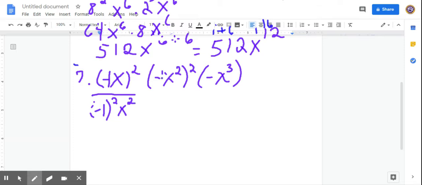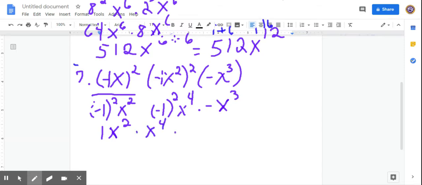Here, that negative 1 is being squared, and that x squared is being squared. So power to a power, we multiply. And then you have negative x cubed. So that negative 1 squared is just 1. So you should have had x squared times x to the 4th times negative x cubed.